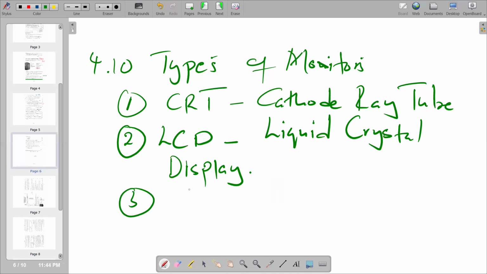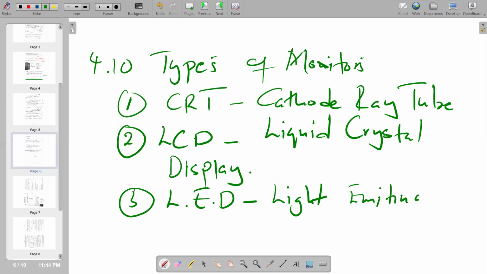Then the third one, we've got LED, which is the light emitting diode. So these are the types of monitors that we have.